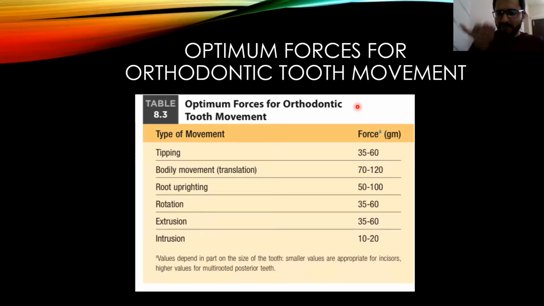Then apply force again, there will be bone resorption at the top, then the tooth will intrude. At once, if you start applying 100 grams of force, the tooth will smash against the bone on the top. It will become non-vital and intrusion won't happen also. You need to give time for the bone to resorb. So intrusion has the least amount of force. Very gentle forces you need to give.